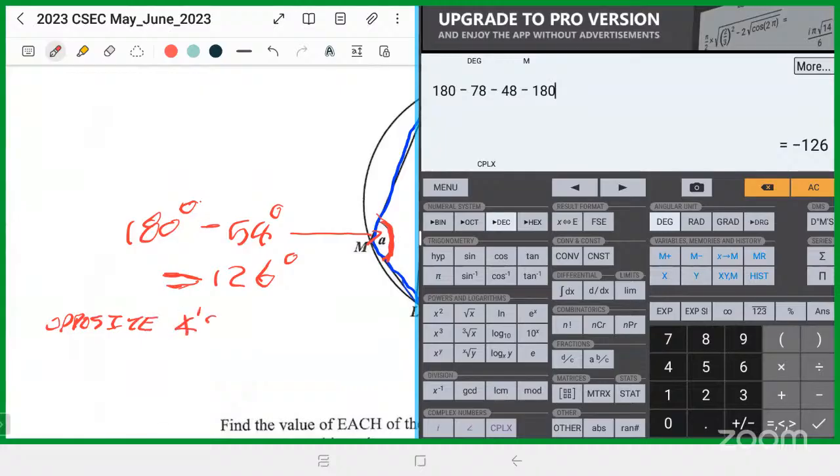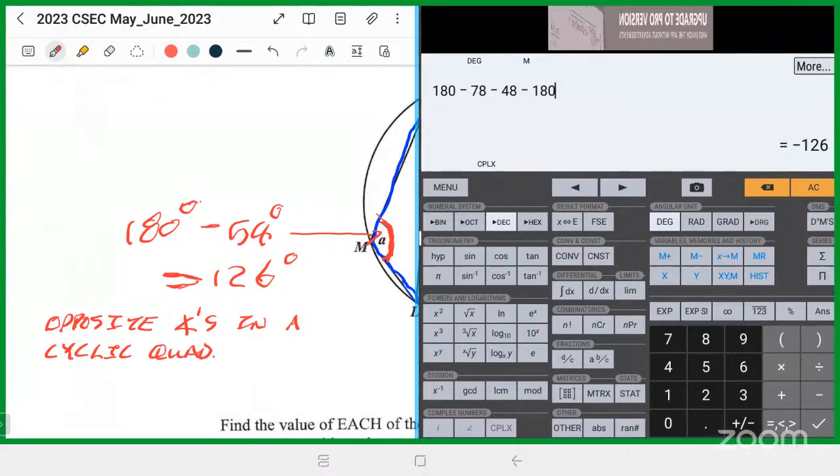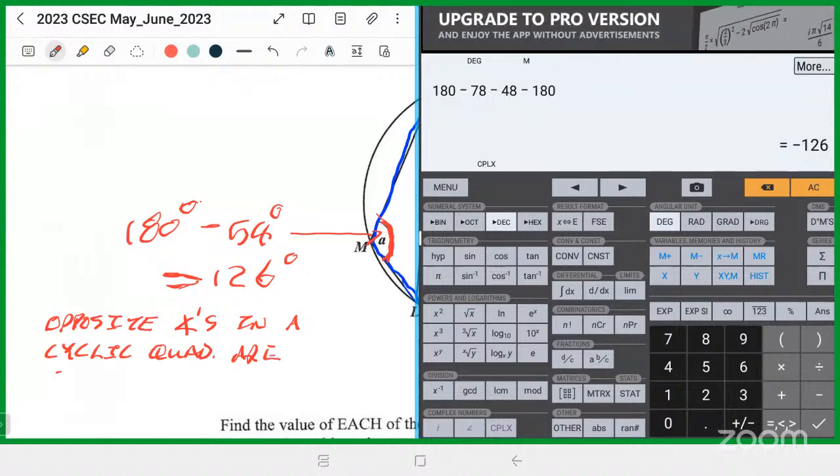angles in a cyclic quadrilateral, cyclic quad, opposite angles are supplementary. They are supplementary.